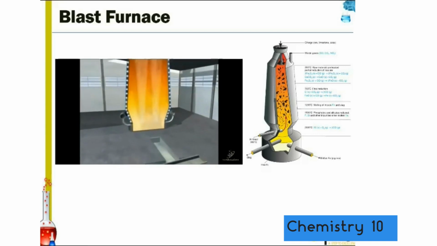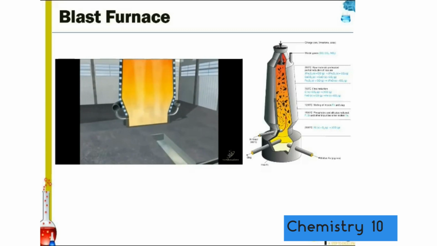This blast raises the temperature in the furnace to white-hot intensity, around 2,200 degrees centigrade. This very high temperature is needed for the chemical reduction and melting of the sinter and iron ore to form a pool of molten iron in the lower part of the furnace, just above the hearth.